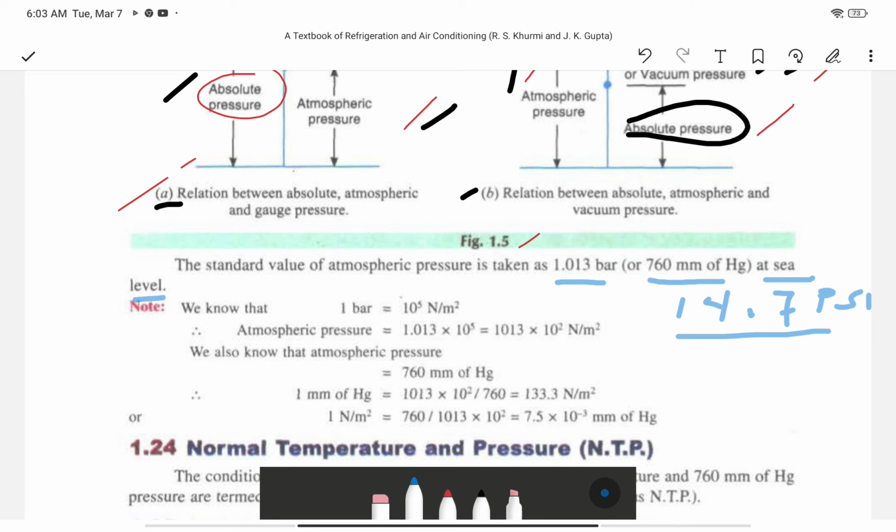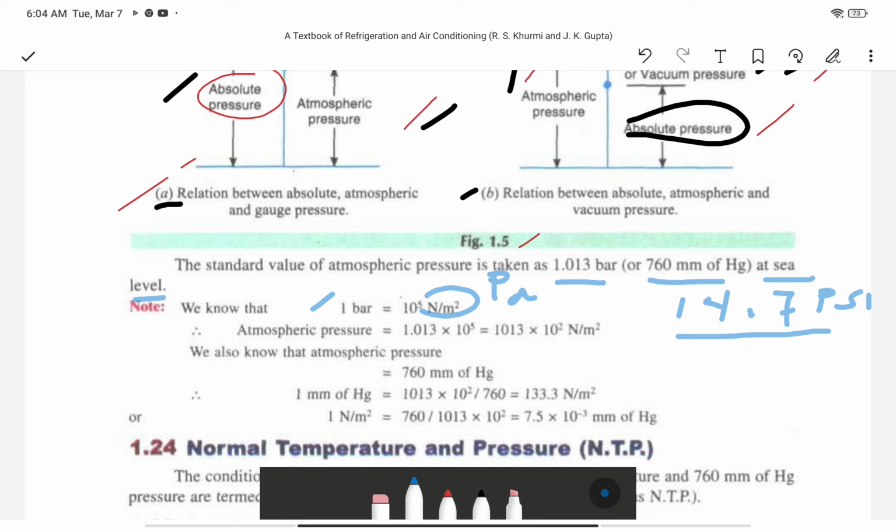We know that 1 bar is equal to 10 raised to 5 Newton per square meter, or Pascal.